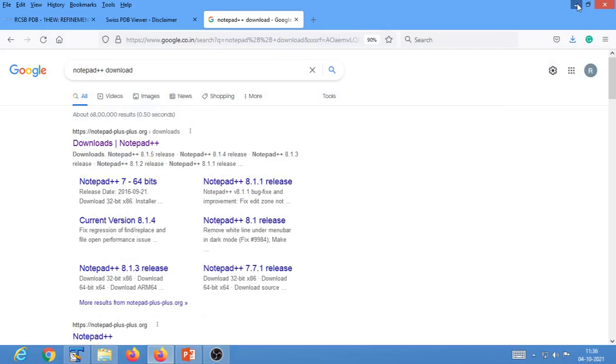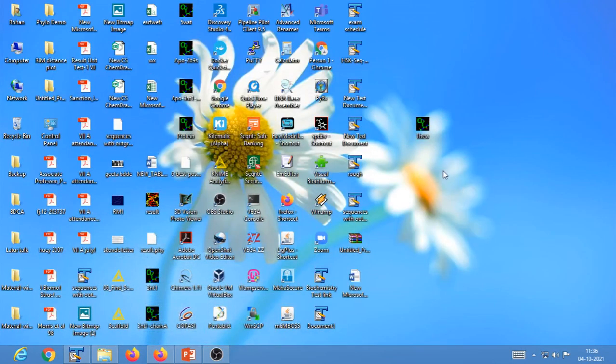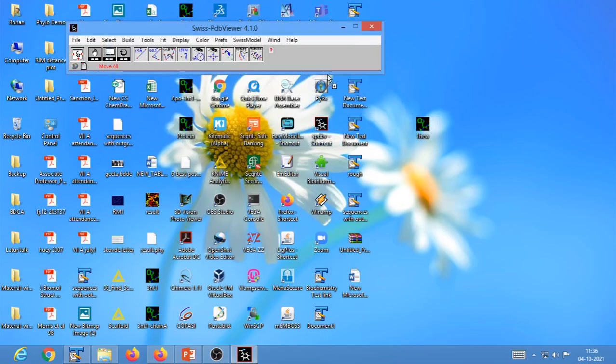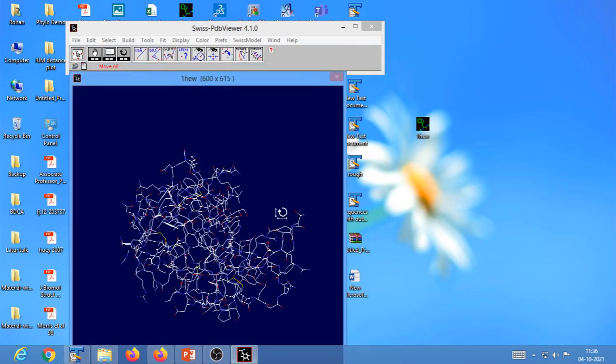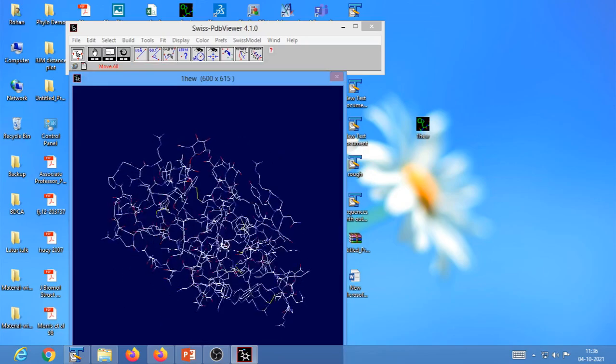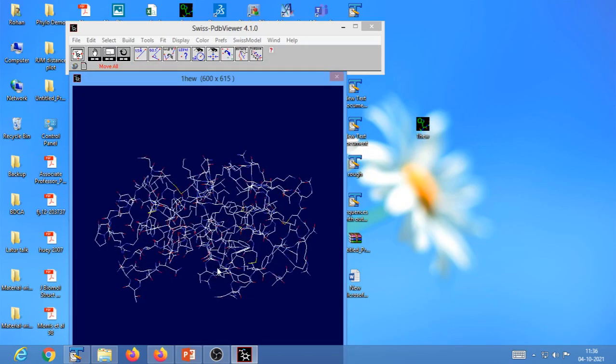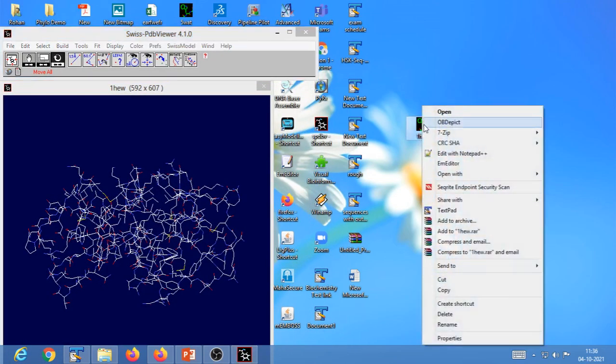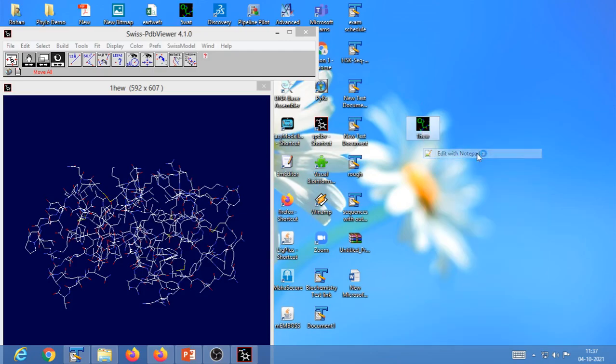Okay, so one way to see what is provided in your PDB file is to directly visualize it in any protein structure visualizer. For example, in this case, we are visualizing your protein molecule in SPDBV, and the other way around is that you can see whatever information is present in your PDB file using any text editor like Notepad++.